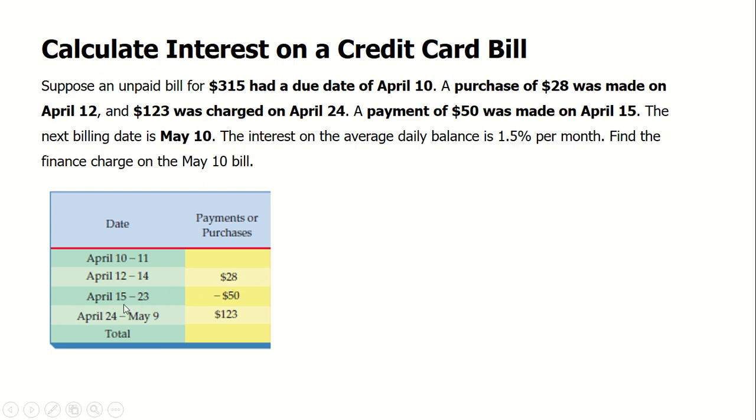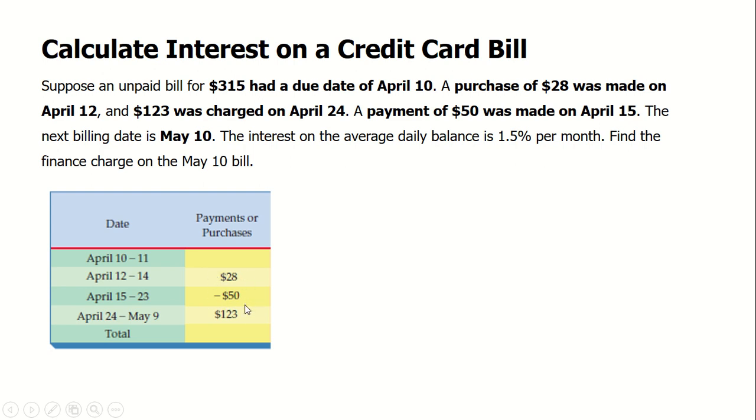Then on April 24, you made another purchase of $123. That's why your $50 payment covers April 12 to 23. It's negative because it's a payment, subtracting from your total bill.